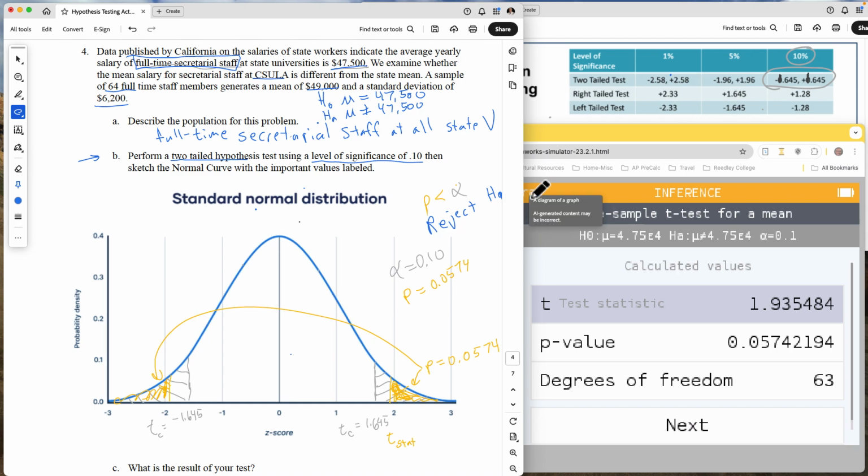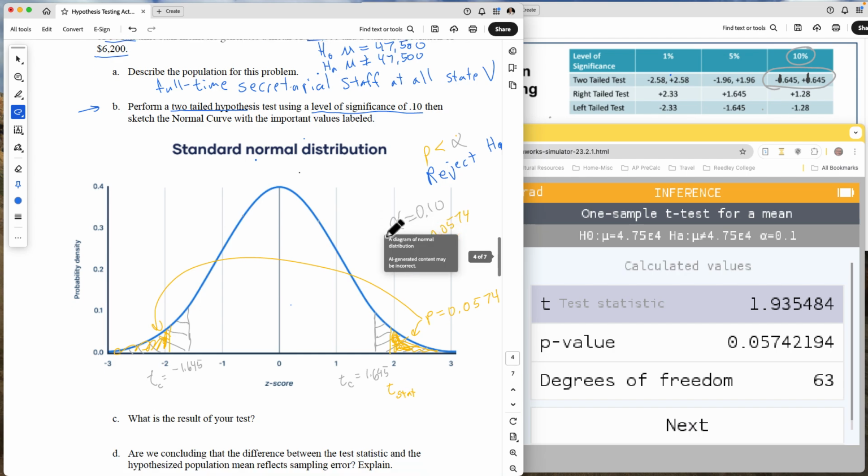Let's talk about what this means. So what is the result of your test?